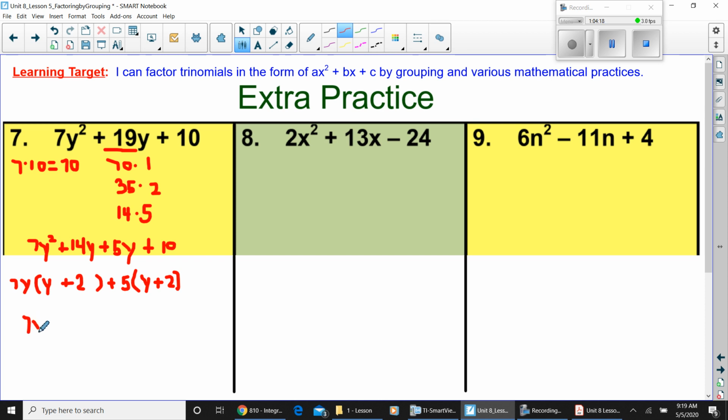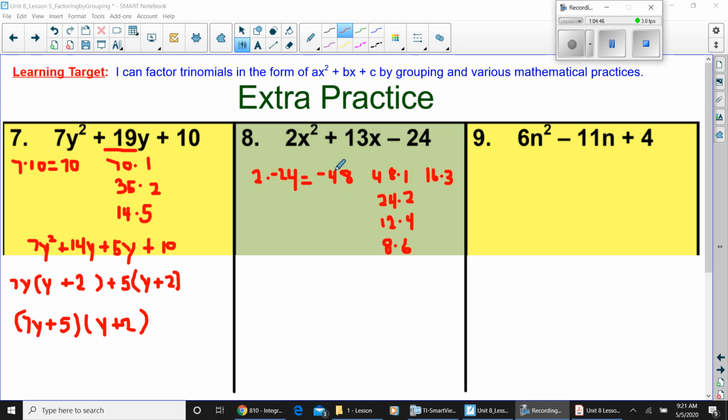You have 7y plus 5 in parentheses, and then y plus 2 in parentheses as your answer, and that is it. Go ahead, try to do numbers 8 and 9. Press pause now.